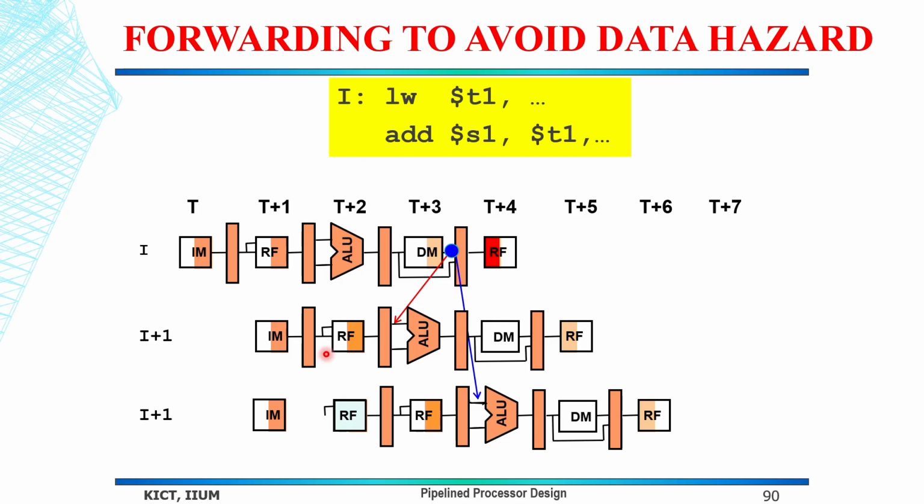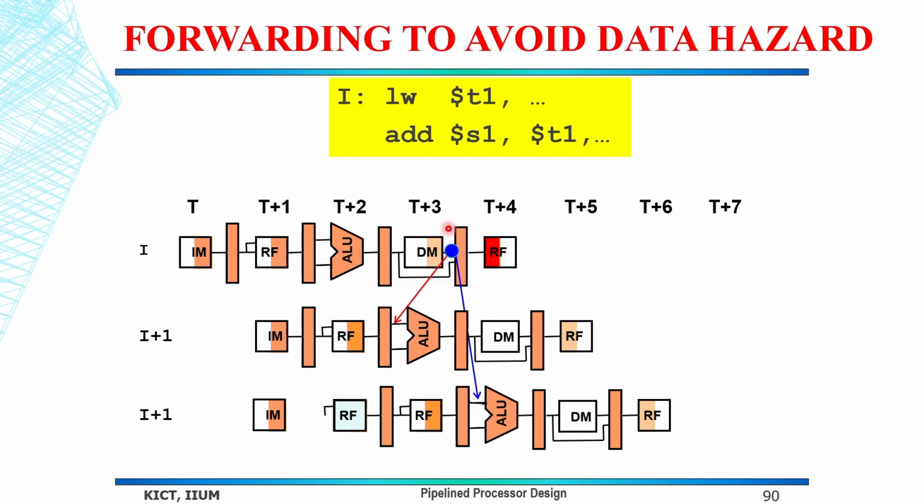So it is actually available at the end of the memory stage. In the normal pipeline process, instruction 2 would come in with its instruction fetch, instruction decode, execution, memory access, and write back. So the value that is read out from the data memory is available at the end of T plus 3, here.